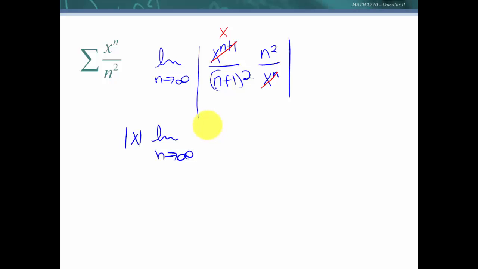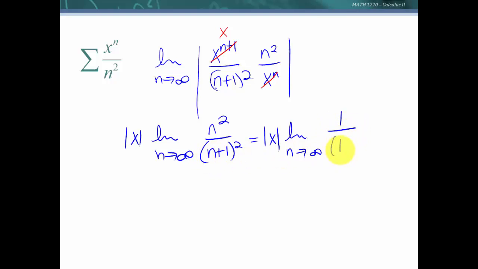And then we have n^2 over (n+1)^2. So let's go ahead and multiply numerator and denominator here by 1 over n^2. So that will make that 1. And this would make that (1 + 1/n) because it's inside of the squared here.